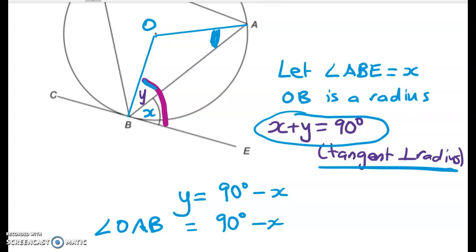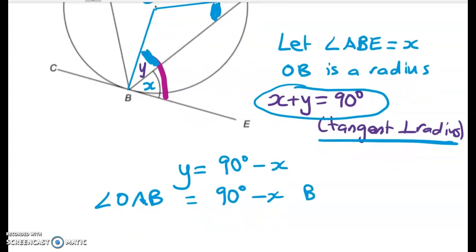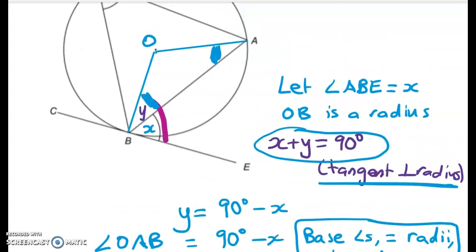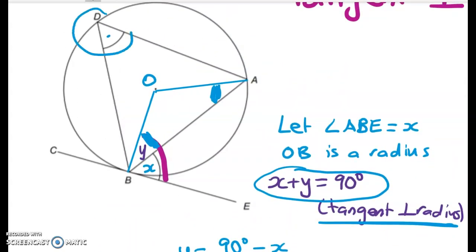Okay, so that's this one here, right? We know that this angle here is 90 degrees take away X. This must be the same. And the reason for that is that the base angles in an isosceles triangle are equal. So you'll see that what I'm doing is I'm not really worrying about this thing over here yet.